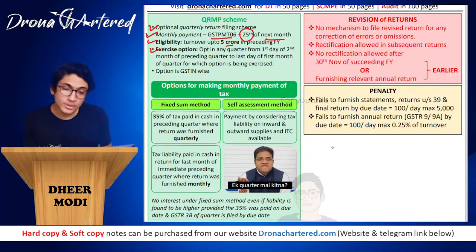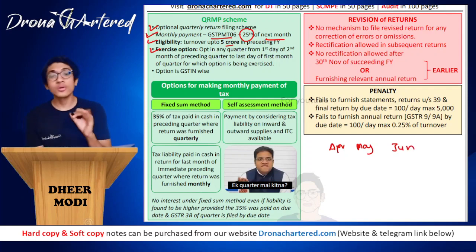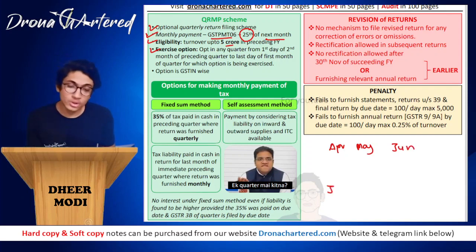So for example, you have your quarter, that is your April, May, and June. Okay, this is your first quarter, and your next quarter is your July, August, and September. So what does it say? Exercise: opt in any quarter from first day of the second month of preceding quarter.